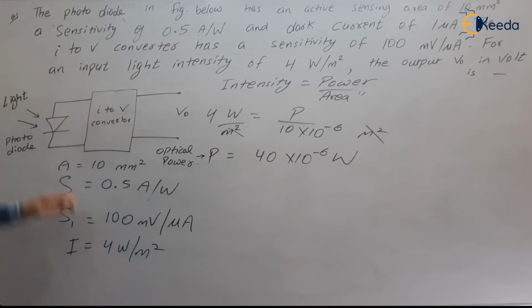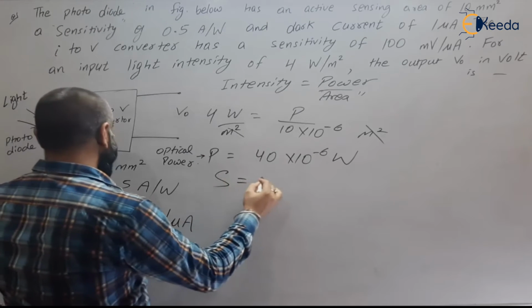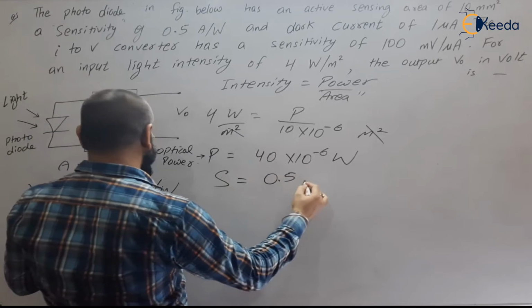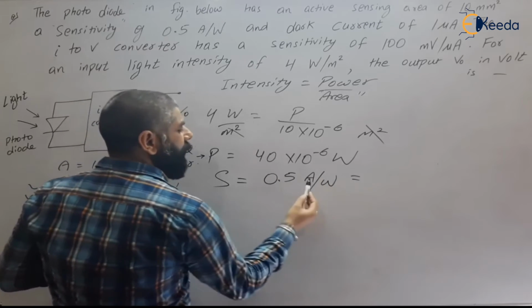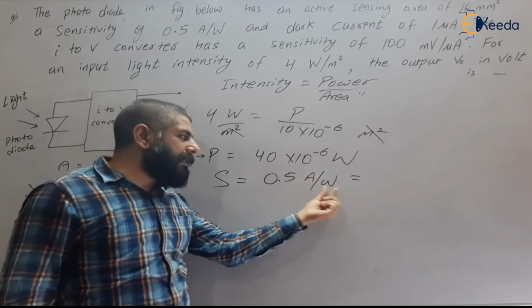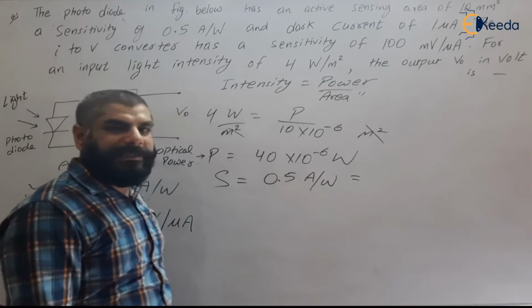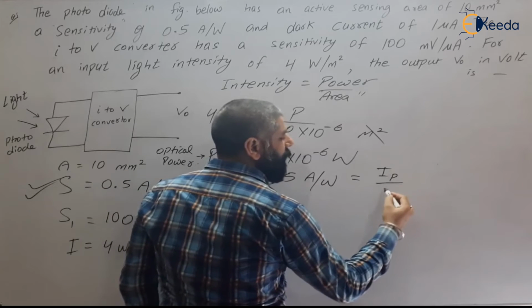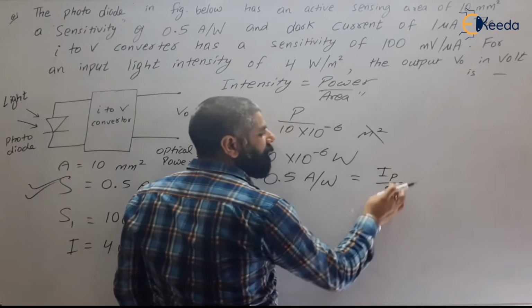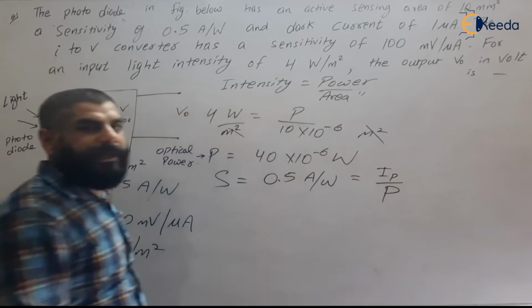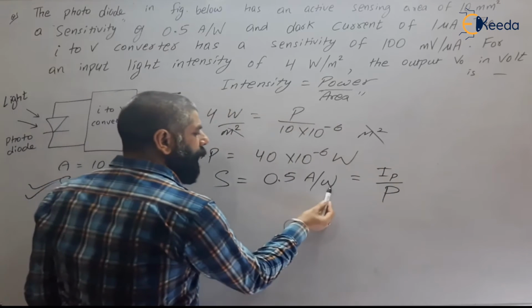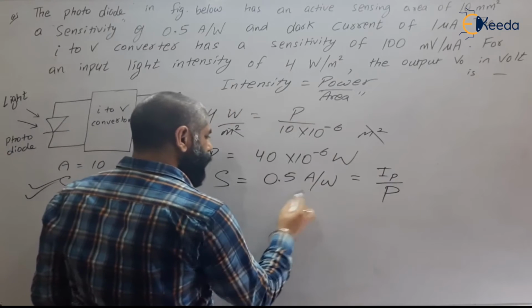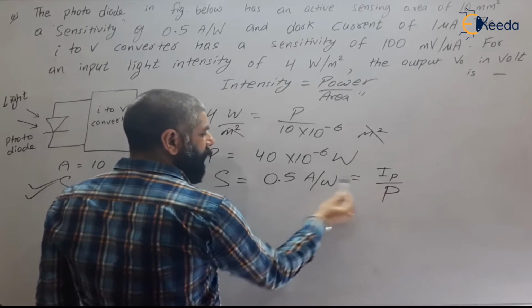Now the next thing given is sensitivity. The sensitivity of the photodiode is given as 0.5 ampere per watt, which means the numerator is photocurrent divided by optical power in the denominator, the responsivity. This photocurrent is the current generated due to incident photons.